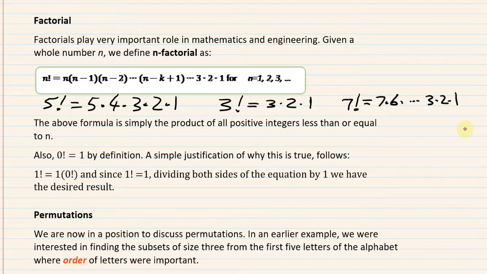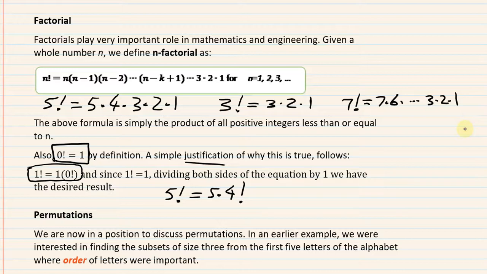Now, 0 factorial by definition is 1. I have not a proof but a justification of why this would be true. If you continue this idea of factorial, 1 factorial would be 1 times the number one less than that, which would be 0 factorial. Here's what we're thinking: if I write 5 factorial as the product of 5 times 4 factorial, that would be true, wouldn't it?